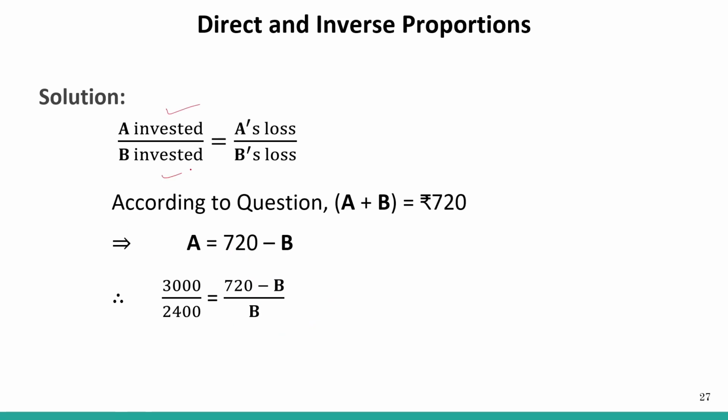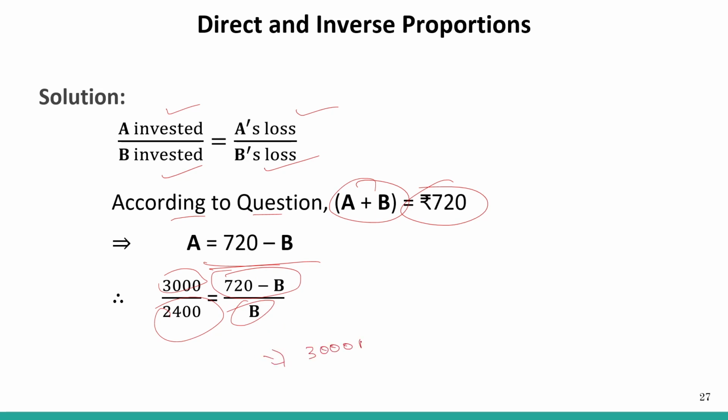So A's investment by B's investment is equal to A's loss by B's loss, because they are proportionate. According to the question, A plus B is equal to 720. So A is equal to 720 minus B. So basically 3000 by 2400 is equal to (720 minus B) by B, right? So this implies that 3000B is equal to 720 into 2400 minus 2400B.